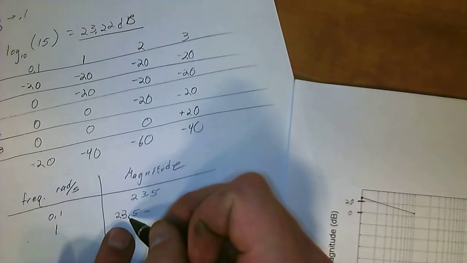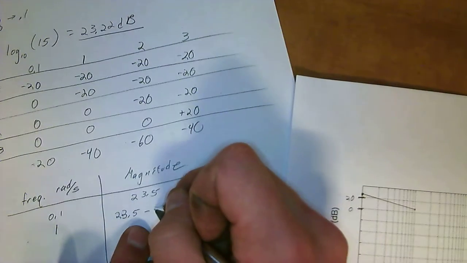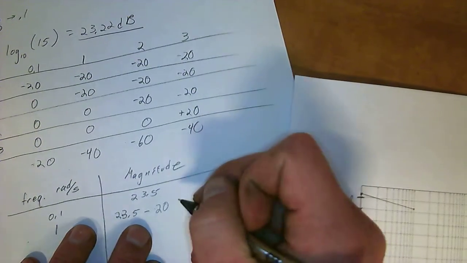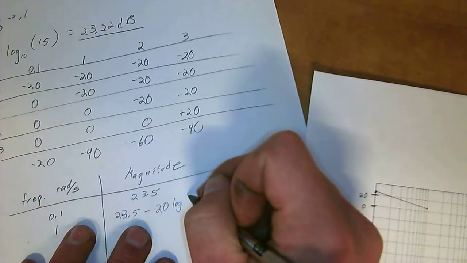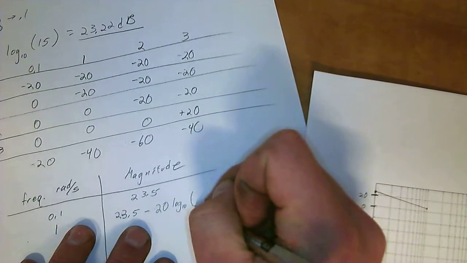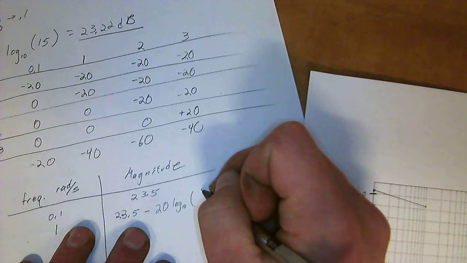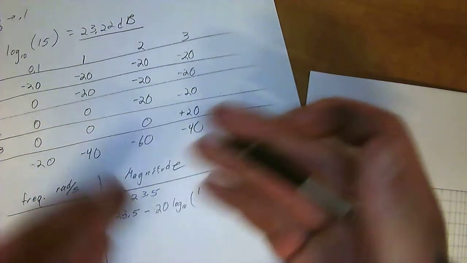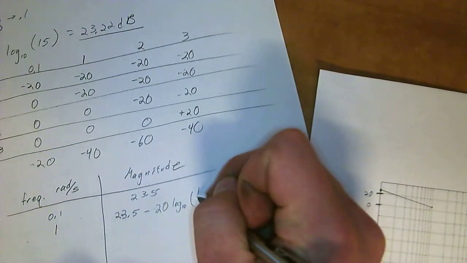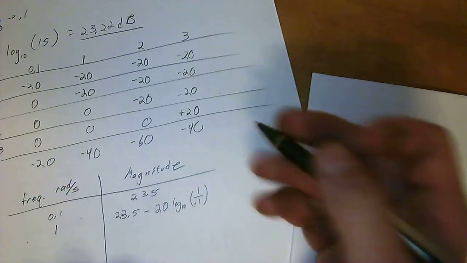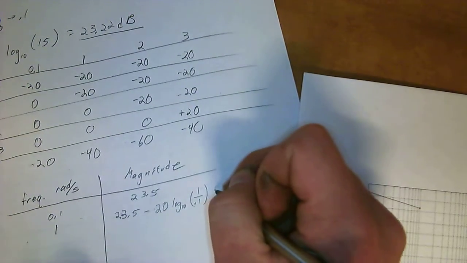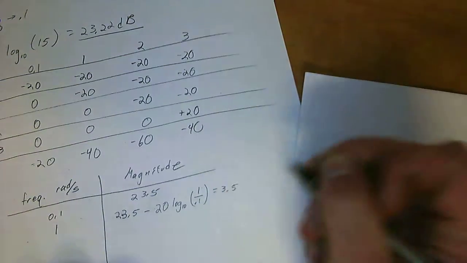You take the original value of the magnitude minus 20 dB per decade times log 10 of 1, which is the value you're just hitting right here, divided by 0.1, which is the value you just came from. If you calculate that out, that is equal to 3.5.